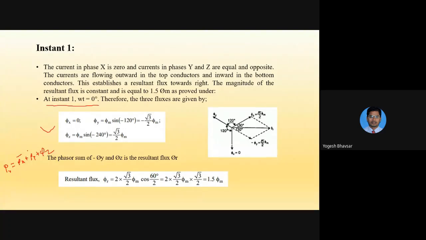So this will be a vector addition, right? Then we need to convert into polar rectangular form, and the resultant when we calculate, then it becomes 1.5 times phi. So this is the value for resultant.